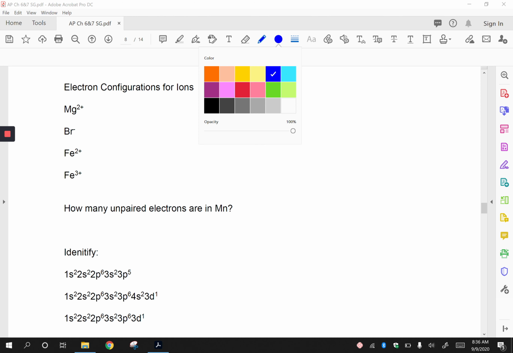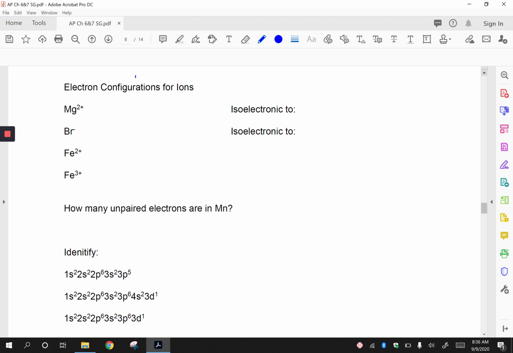So let's look at an example here. So magnesium with a 2+. So I first do just magnesium. I'm going to do it on the side here. So just magnesium would be 1s2, 2s2, 2p6, 3s2.